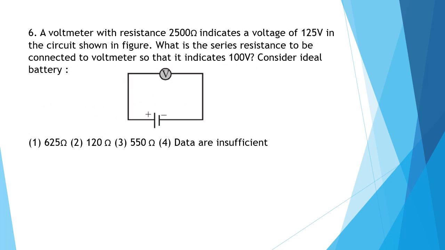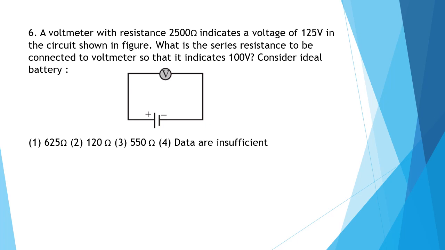Question 6. A voltmeter with resistance 2500 ohm indicates a voltage of 125 volts in the circuit shown in the figure. What is the series resistance to be connected to the voltmeter so that it indicates 100 volts? Consider an ideal battery. The first thing to remember in this question is that the total EMF will remain the same, 125 volts.